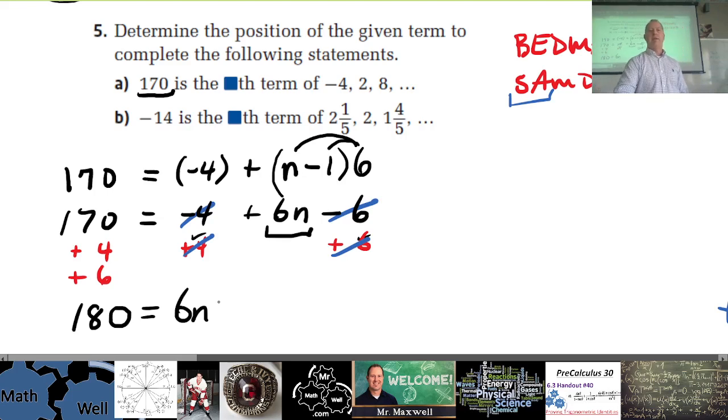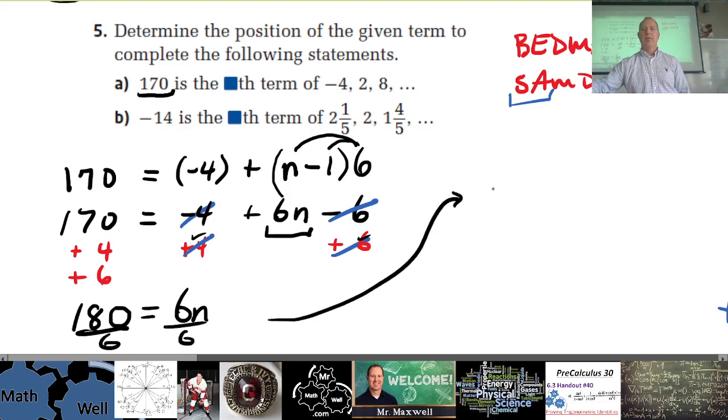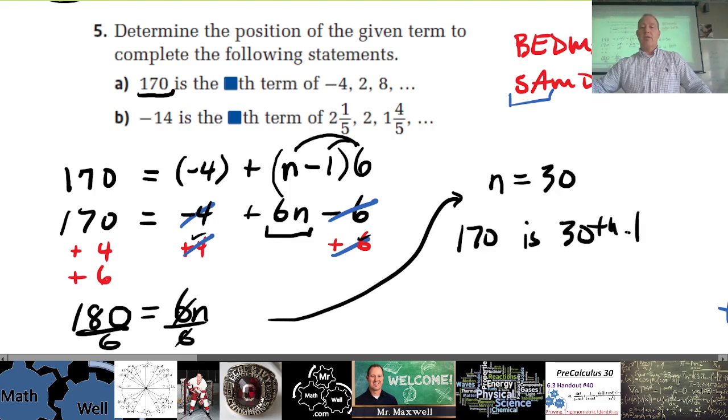And then one final little baby step to solve for n. I'm going to divide both sides by 6. So n equals what? What is 180 divided by 6? What is it? 30. Very good. n is 30. So n is 30, meaning that 170 is the 30th term.